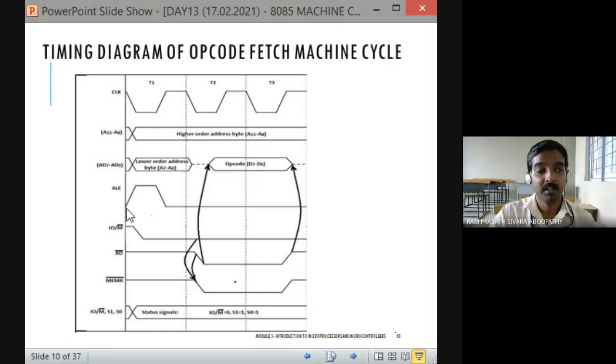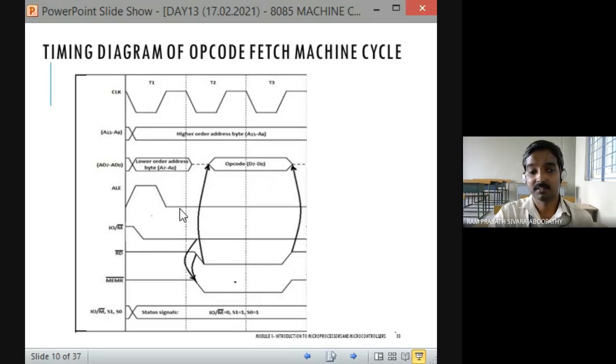During the first T state of the opcode fetch machine cycle, only in the first clock pulse is ALE high. Clear? What about the lower byte of the address? After the T1 state, in T2 and T3, where is the lower byte of the address? The address is still available.